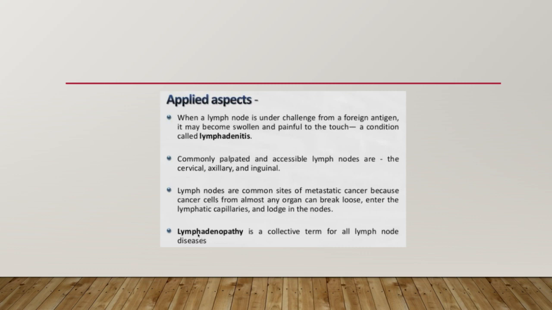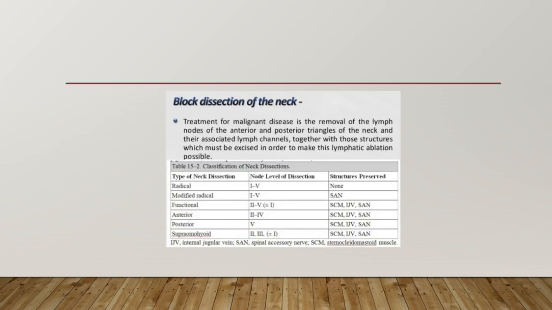Lymphadenopathy is all the diseases that can affect the lymph node. It can be called lymphadenopathy, of which one of the causes is metastatic cancer. Coming to the neck dissection, block dissection of the neck.